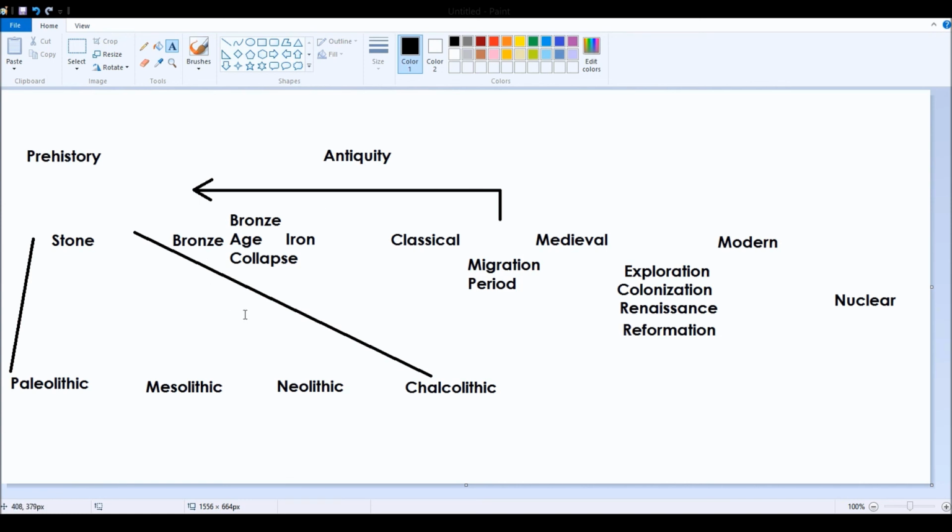So it's a very interesting thing to look at history and to look at how things changed over time, because more than showing us that history is constant, these periodizations show us how things change over time, especially in relation to technology and society, and how people look at themselves and look at the institutions.